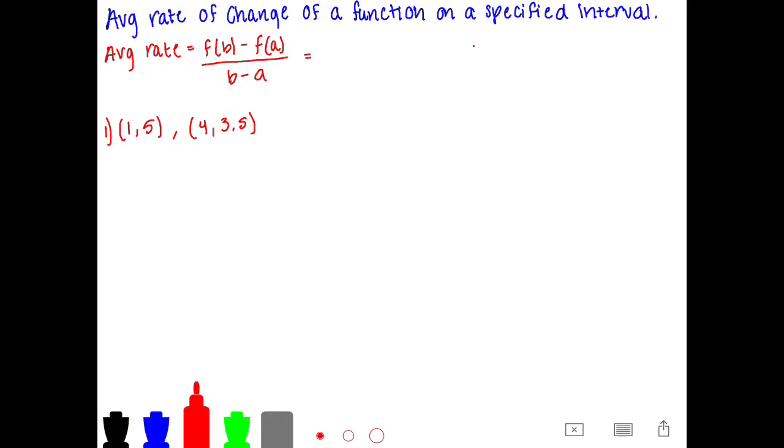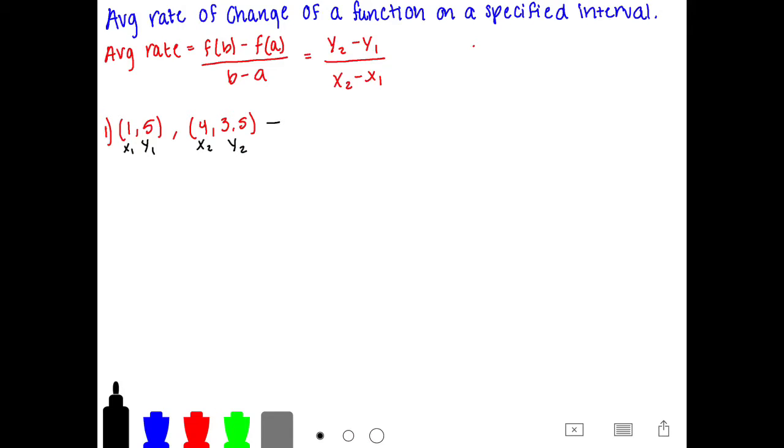Just for a bit of a better understanding, the average rate formula simplified looks like y subscript 2 minus y subscript 1 all over x subscript 2 minus x subscript 1, which is also the slope formula, not to mention. Alright, so back to our problem.